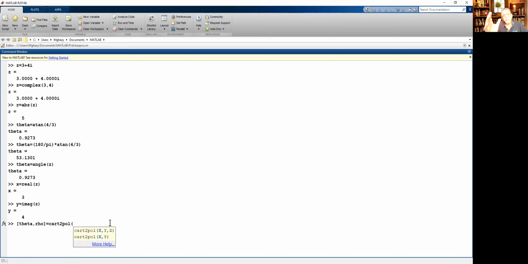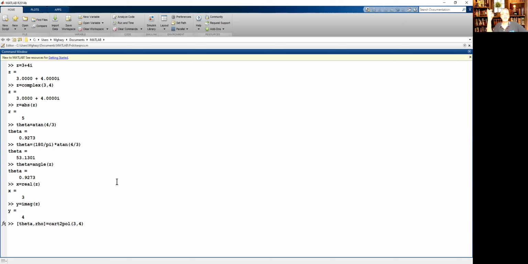And then in the other bracket, you will write the value of the real part of the Cartesian complex number, and in the second place you write the imaginary part. Well, here I have 3 plus 4i. So the x or the real part is equal to 3, and the imaginary part is equal to 4.